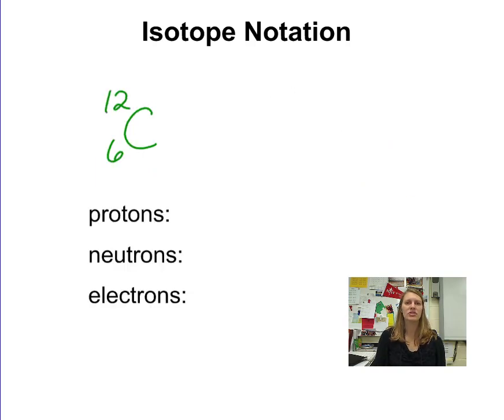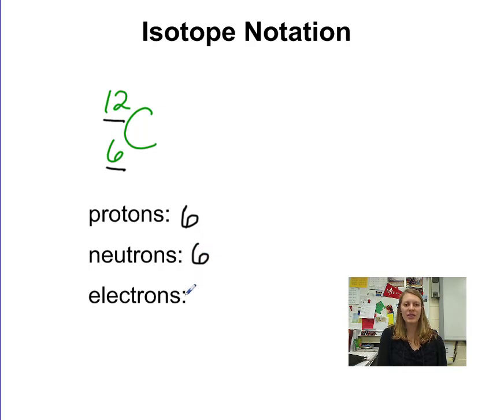So let's just practice using those notations and figuring out the numbers of protons, neutrons, and electrons. If we look here at the carbon, the atomic mass and the atomic number are listed. The atomic number right here, the 6, is going to tell us our number of protons. The atomic mass minus the atomic number is going to tell us our number of neutrons. You'll notice there's no decimal points anymore with that.